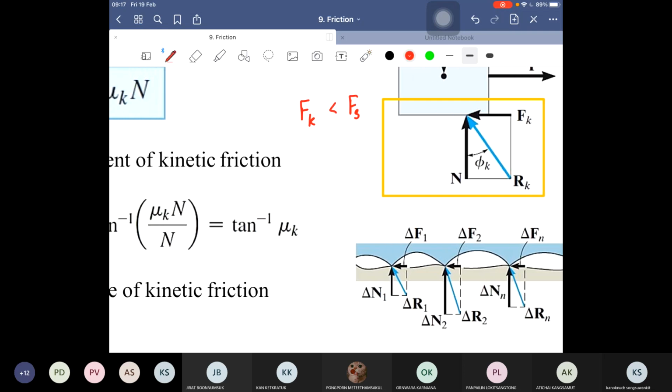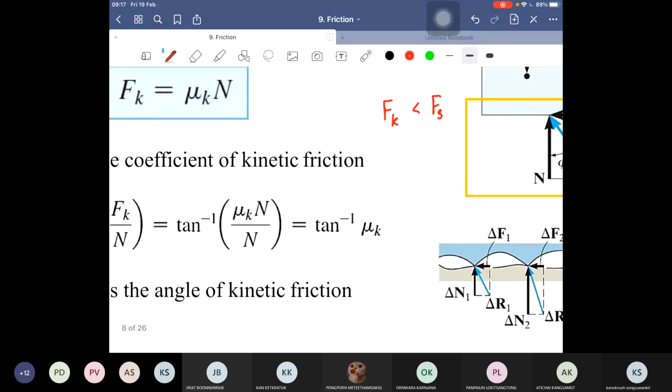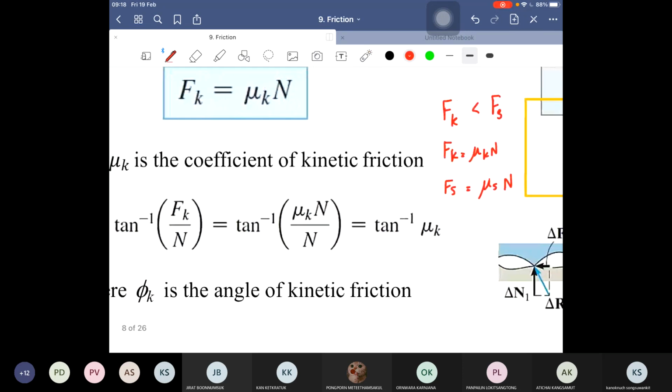Normally, the value of Fk, okay, let's go back to this equation. Fk equal to mu k N and Fs equal to mu s N. The normal force is still the same, so Fk and Fs depend on mu k and mu s. So let's compare mu k and mu s. Fk can be smaller than Fs in only one case, that mu k is smaller than mu s.